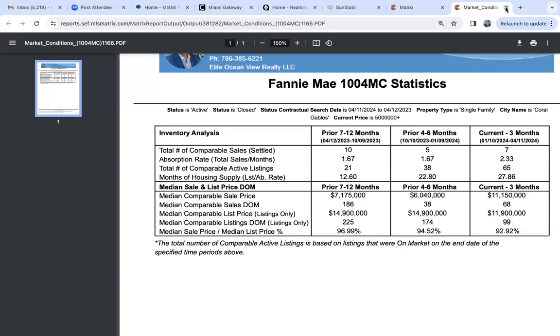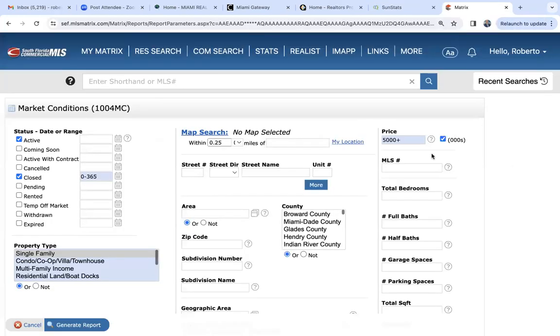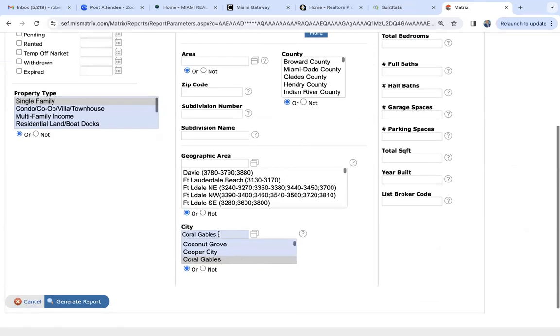Maybe you don't work the luxury market. Maybe you work a different market. Let me show you something. I'm going to put in here 750,000 or less. And then let's move over to, oh my God, Miami Lakes.